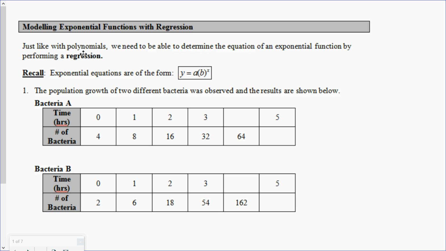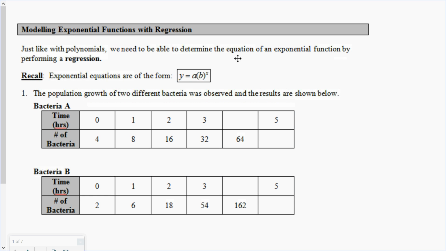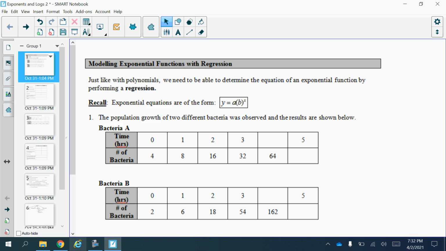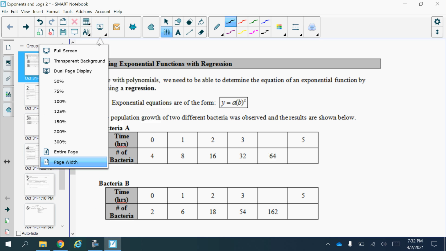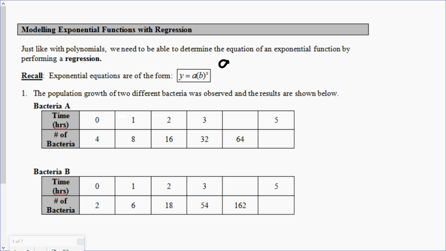So again, recall from yesterday, exponential equations are in the form y equals a times b to the power of x. a is equal to your y-intercept.